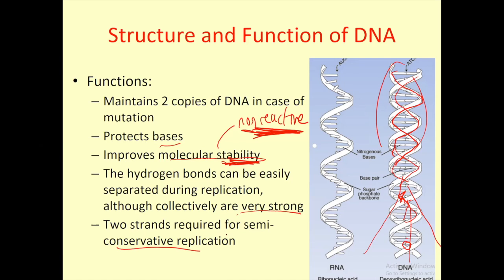That's not the strongest argument. So semi-conservative was what I've just been talking about, where these strands unwind and one side gets copied. When you look into the mechanism of that, which we're not going to do today, that's a lot easier to achieve than other methods. Okay, so that's the structure and function of DNA.